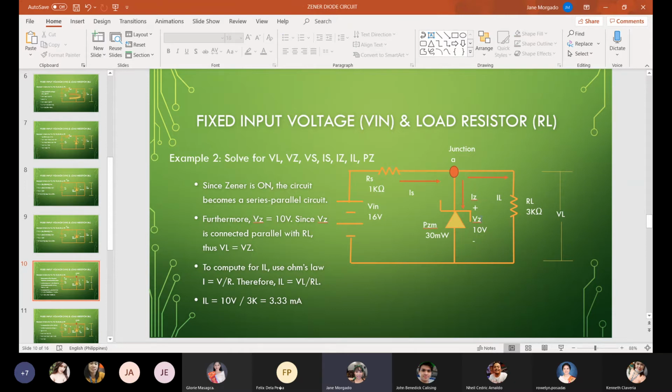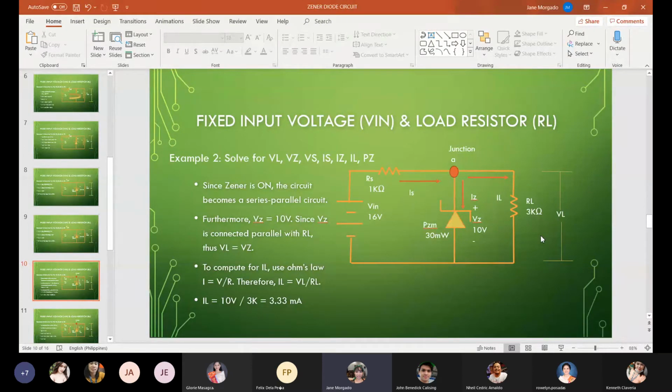The sign is reversed. Since the Zener is activated, the voltage across RL becomes equal to VZ. Why? Because they are connected in parallel. Since VZ is 10 volts, VL is also equal to 10 volts.